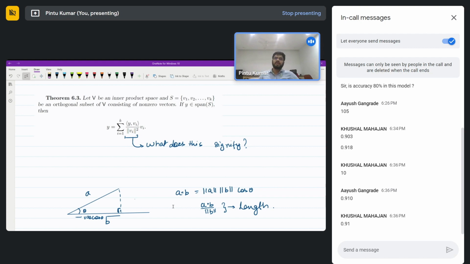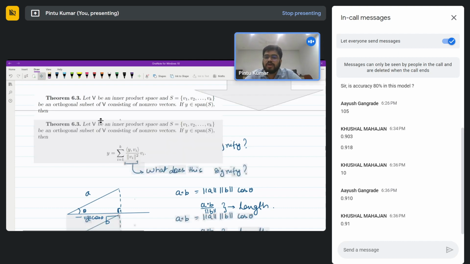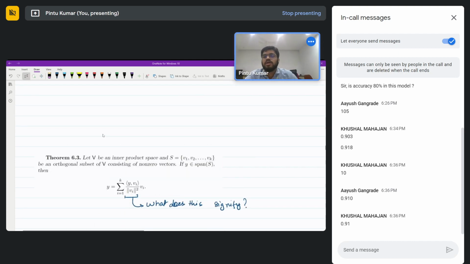Why do we want to convert our vectors to orthogonal sets? What is the need? You might remember from linear algebra that if you have a basis, let's say beta 1, beta 2 and so on, you want to write any arbitrary vector as a sum of your basis vectors, alpha 1 beta 1 plus alpha 2 beta 2.